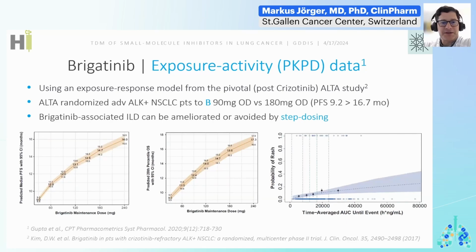This was done by the manufacturer, by Takeda, and Gupta and colleagues have shown that there is a correlation between the steady state C trough levels of brigatinib and PFS, and also OS, and also an association with skin rash.